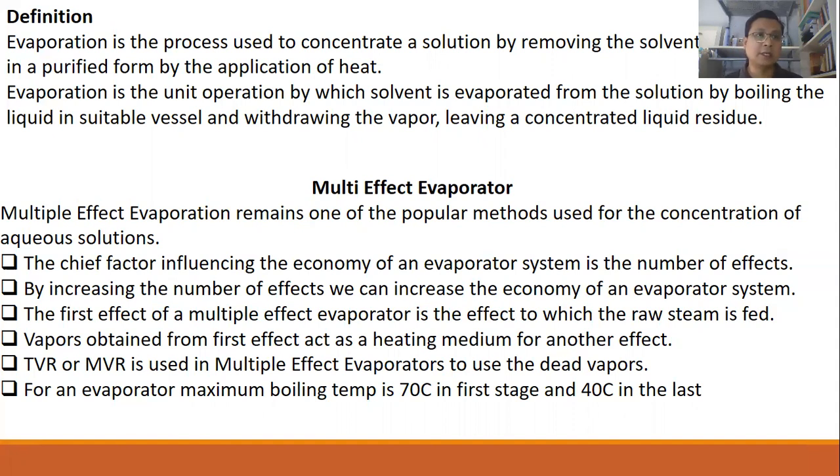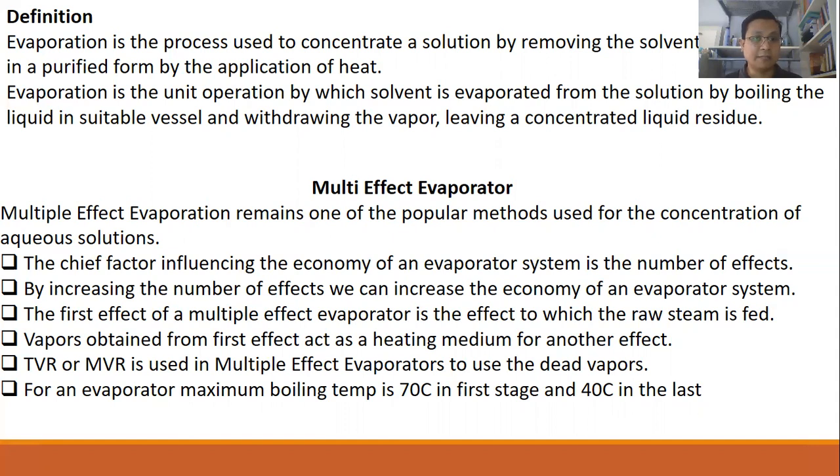So this one is actually one type under the HVAC system also. So maybe several products will apply this multi effect evaporator. So by increasing the number of effects, we can increase the economy of an evaporator system.